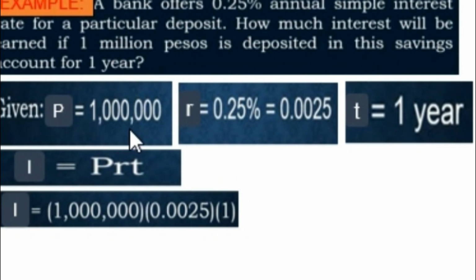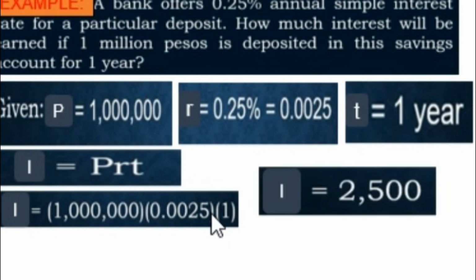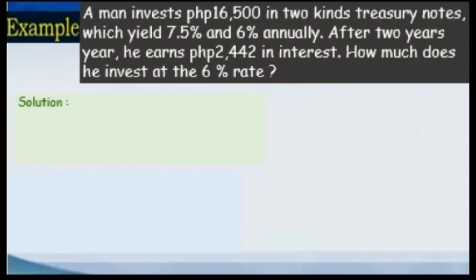And then ang T natin is yung 1 year or simply multiply 1. Okay, so nagiging 1 million times 0.0025 times 1. So the answer is 2,500 pesos yung interest ng 1 million within 1 year.